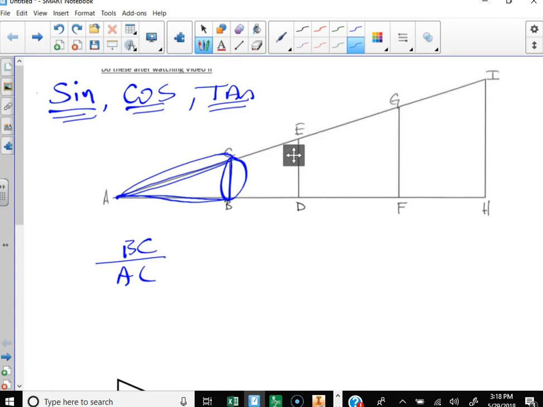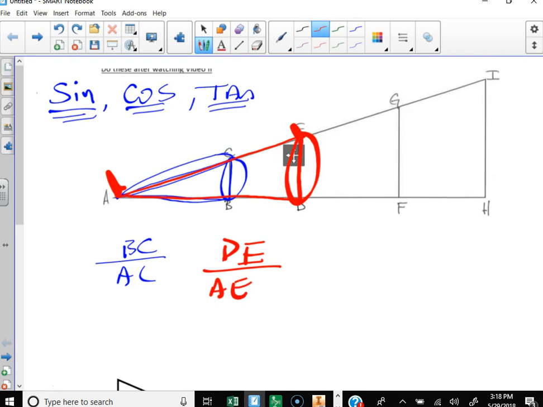And since they are similar triangles, if you do the same thing with this red triangle here, and look at the corresponding side, DE over its hypotenuse AE, you'll realize that they're the same.